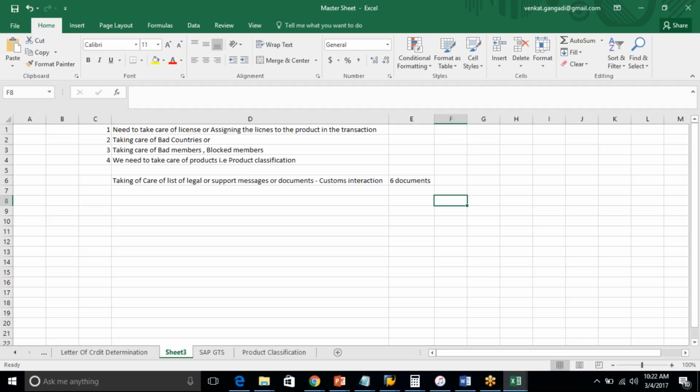And when you come to know that there are 6 documents which you need to communicate to the customs authorities, then what comes to your mind? What do you need to think about? Then what do you need to think, please?